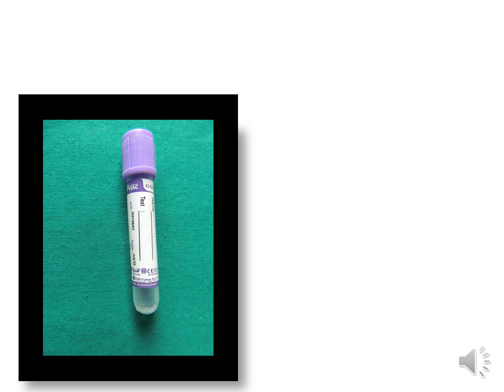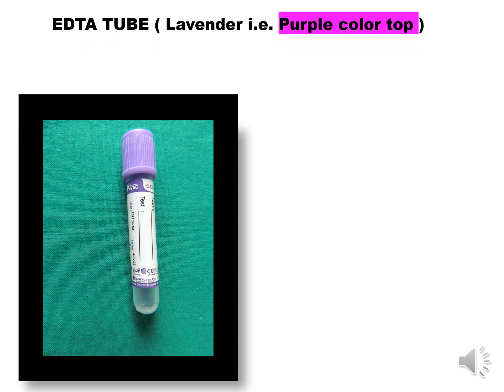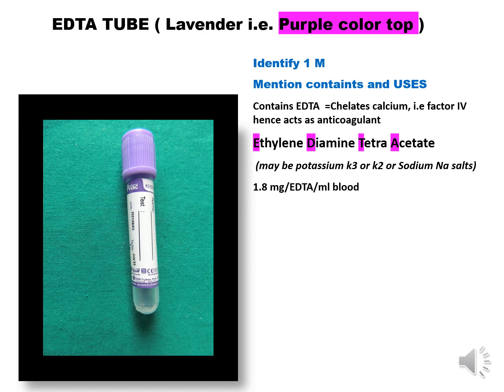Let us start. Now this is a tube which has a lavender color cap or top. This is an EDTA tube. The question will be: identify and mention the contents or uses. This is EDTA because of the color of the cap.